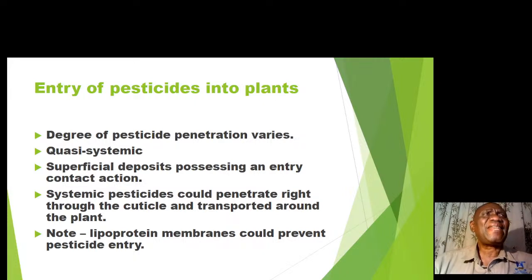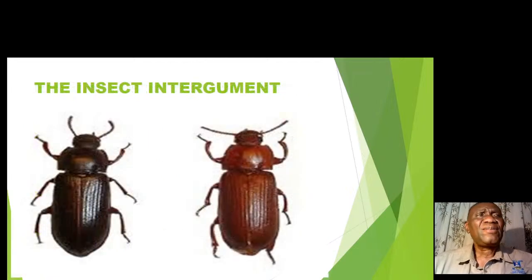Or we could have systemic pesticides which could penetrate right through the cuticle and get transported around the plant. Please note that there are lipoprotein membranes which could prevent pesticide entry. So that was the protection of the plant from pesticides, the cuticle.